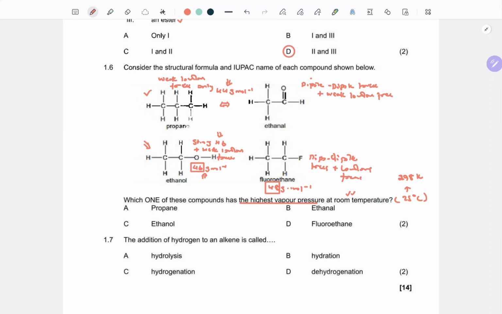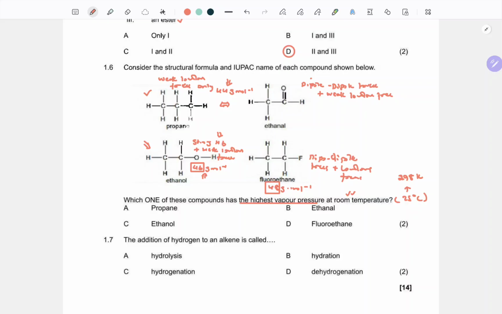But in any case, by the mere fact of its greater molar mass, it already tells us there are lots of electrons participating in the London forces, but there are also dipole forces here. So this molecule will have a stronger intermolecular force strength compared to ethanol, even though ethanol has hydrogen bonds.